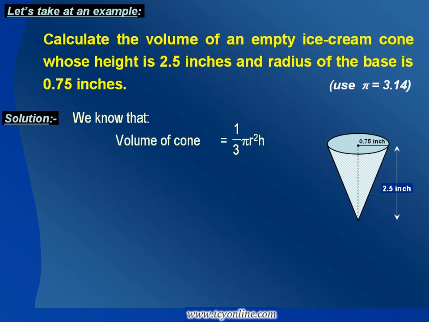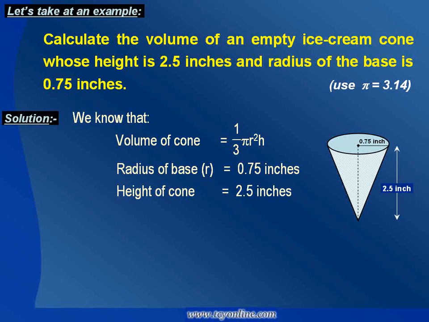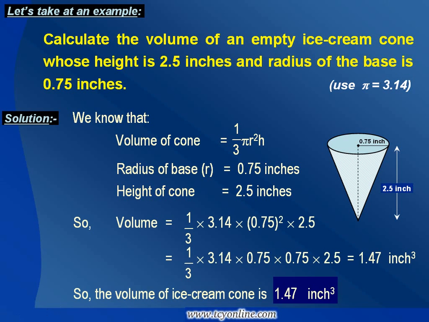We plug in the value of radius of the base as 0.75 inches, height of the cone as 2.5 inches, and as directed in the question, pi as 3.14. On simplification, we find that volume of the ice cream cone is 1.47 cubic inches.